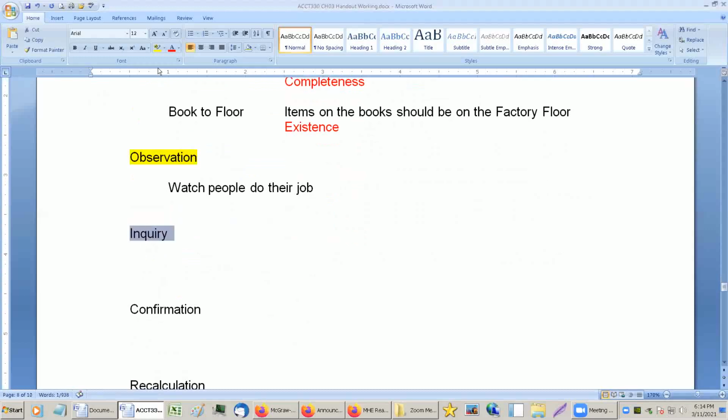Inquiry. Asking people. Ask the client's employees.